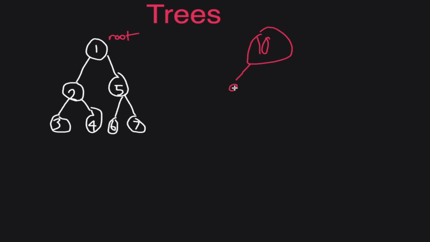So this could be 9, for example, and then this could be 8, for example. This could be 7, and so on. This couldn't be a number like 17 or something. And so that's the max heap tree.